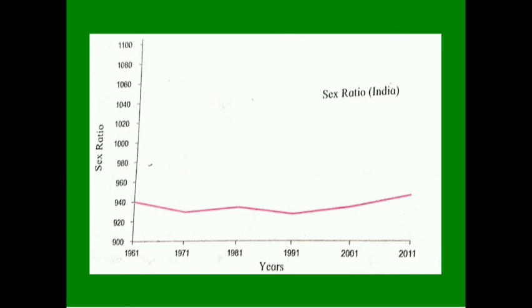We can see that the ratio decreased in 1971 and increased in 1981. And there was again a downfall in 1991. From 2001, the ratio has started increasing. That is, the female population has started increasing, but still it is less than 1000.